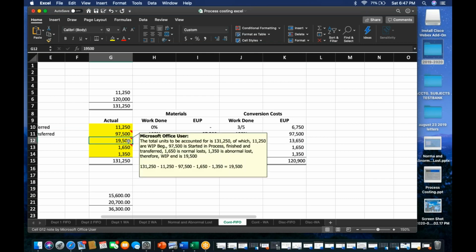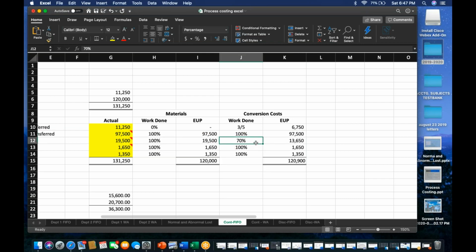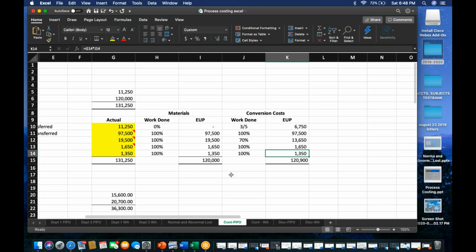So 19.5 times 70% equals 13,650. For the lost unit, since the inspection point is at the end, na-process siya, nakarating hanggang dulo, kaya yung conversion cost niya is 100%. Okay, so we now have EUP for materials and EUP for conversion cost, 120,900 and 120,000.